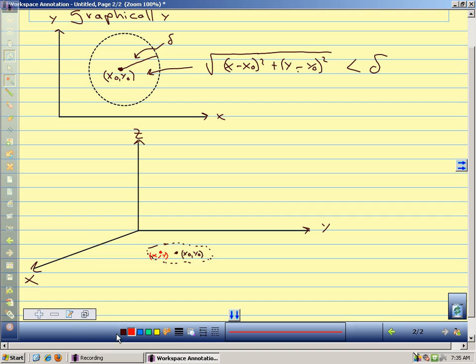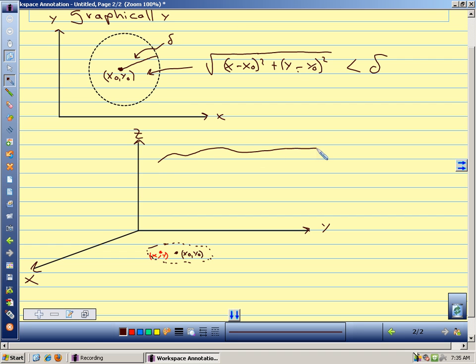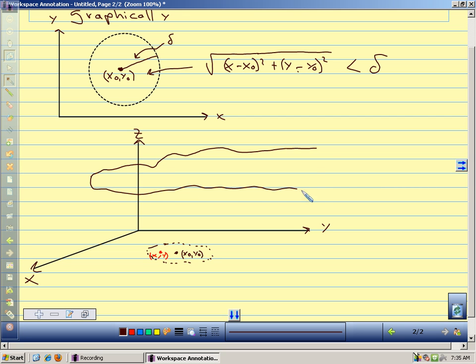So if we're inside this open disk, what our definition of limit means is we have some function up here, and our function is a surface. So here's our surface up here above the xy plane. And I'm going to project this open disk up onto the surface.